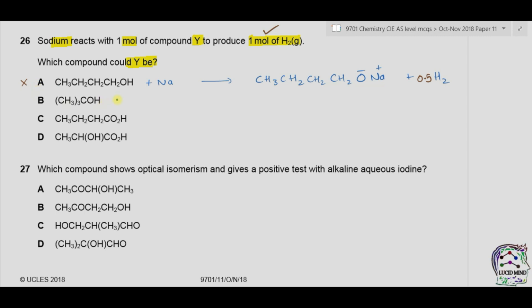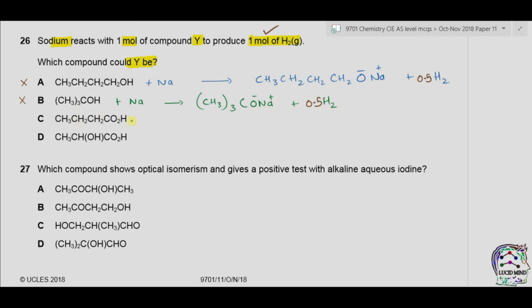Similarly, B is also alcohol. So it will form alkoxide with sodium. Again, we can balance this equation by writing 0.5 with hydrogen. So B is also incorrect as half moles of hydrogen is formed.